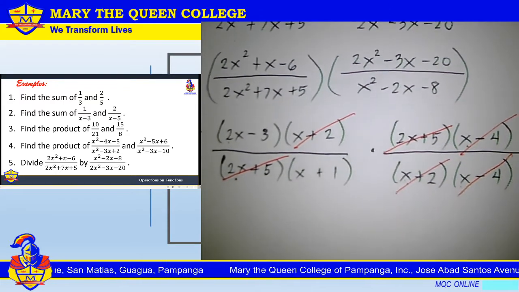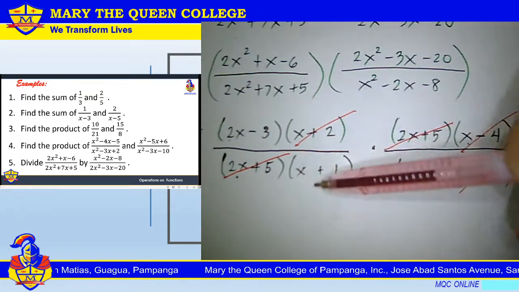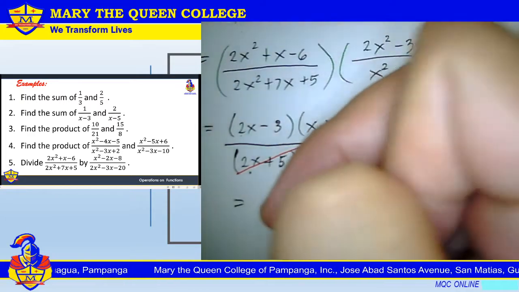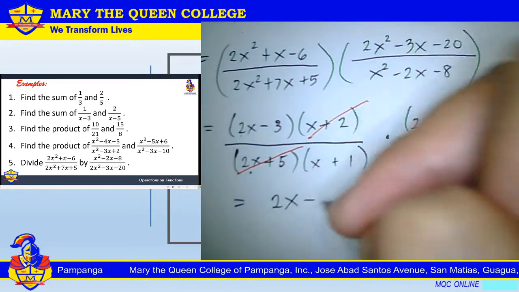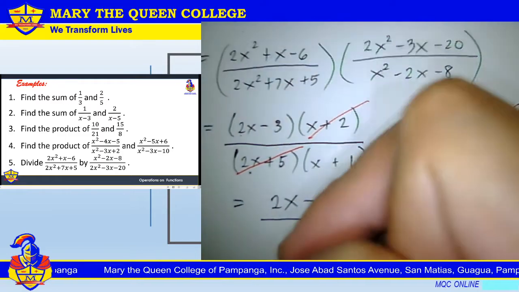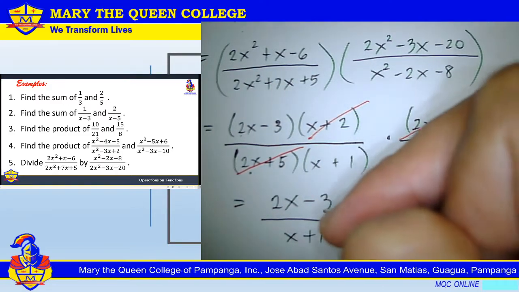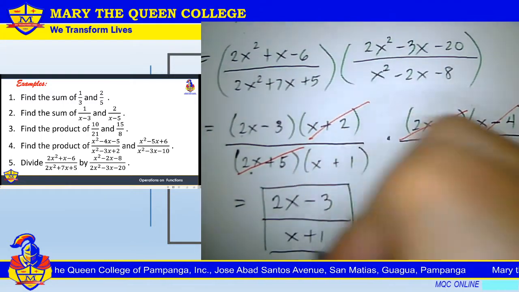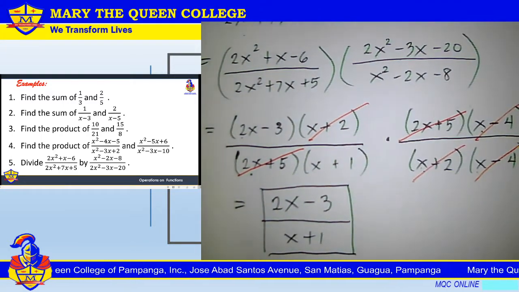Okay? So, alin po yung natira? Itong dalawa na lang. Okay? So, our final answer now, or the quotient would be 2x minus 3 all over x plus 1. Okay? So, ito po yung ating quotient or the answer.